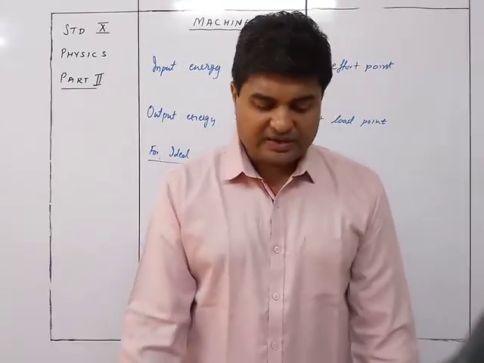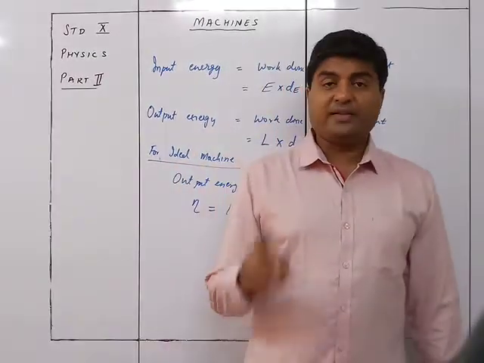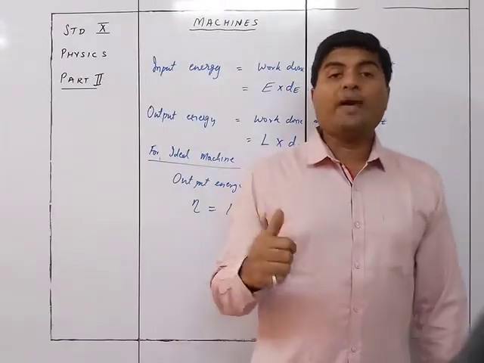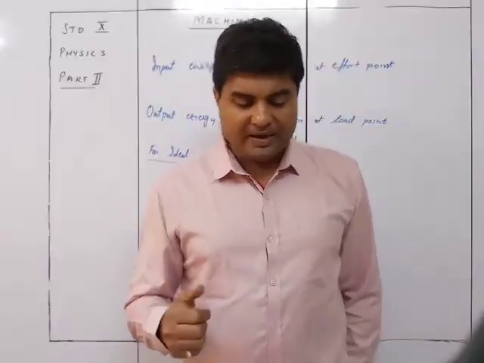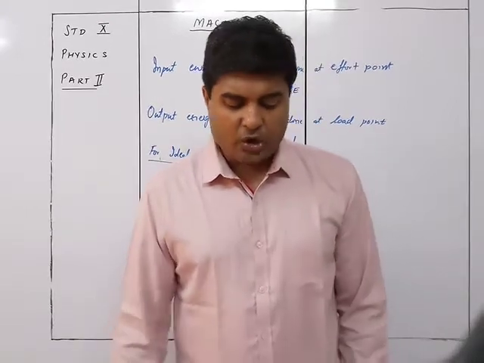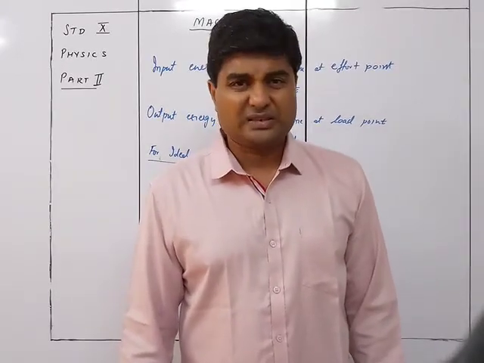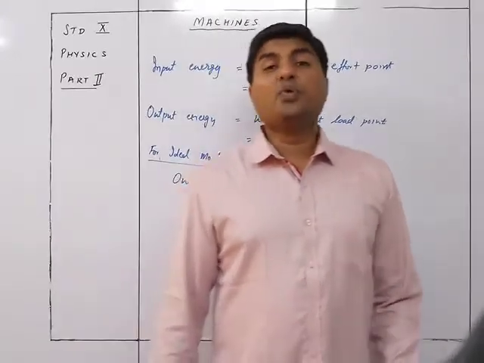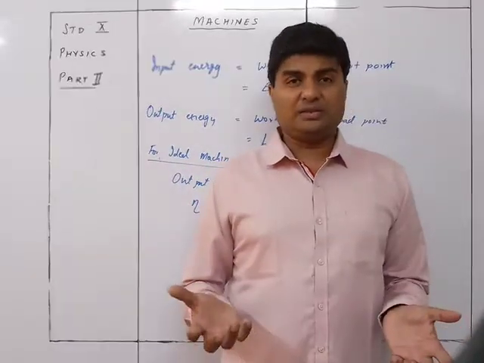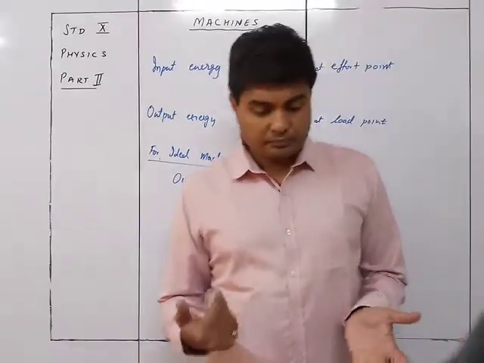The loss of energy in a machine is due to the following three reasons. First one, moving parts in it are neither weightless nor smooth or frictionless. So the first thing is that the moving parts are not weightless, nor are they frictionless.